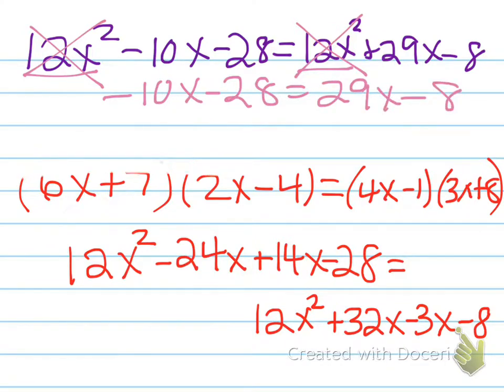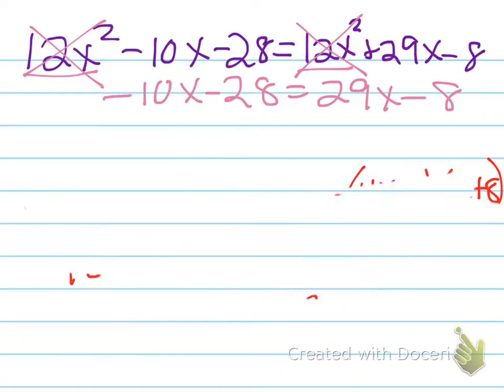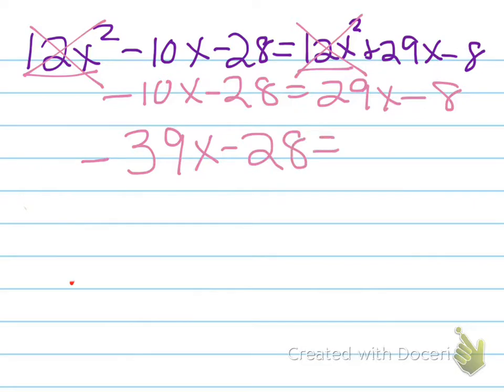Now when we do this, we add like terms on both sides. And you end up getting negative 39x equal to 20.